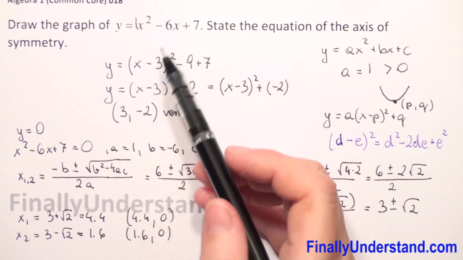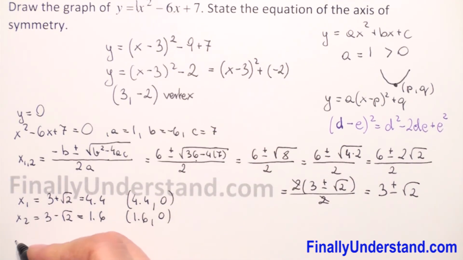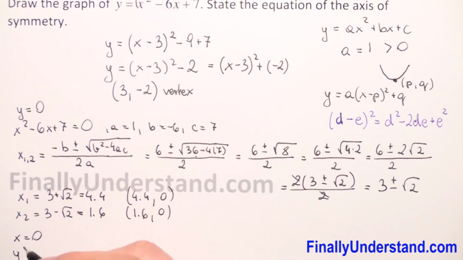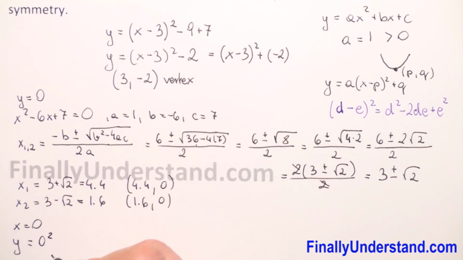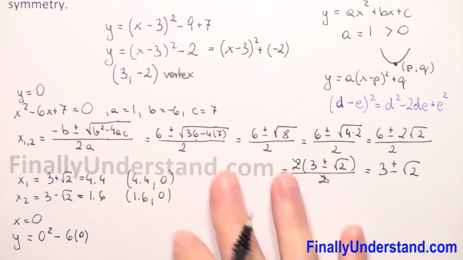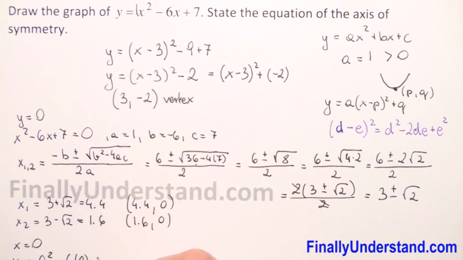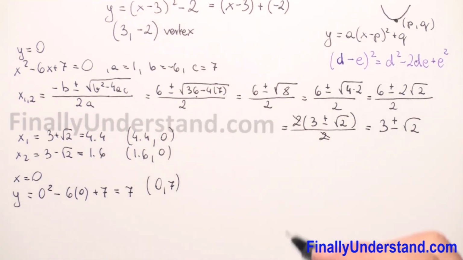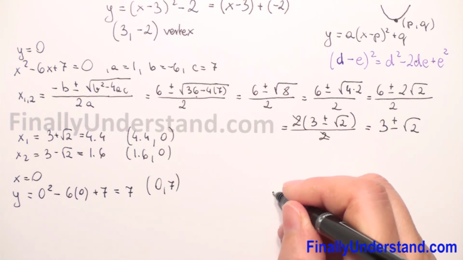We need to now substitute x by 0. x is 0, so what will y be? 0 to the second power minus 6 times 0, we substitute x by 0, plus 7, so it will be 7. So we have another point, with coordinates 0, 7. So now we have the characteristic points, so we can draw the graph.